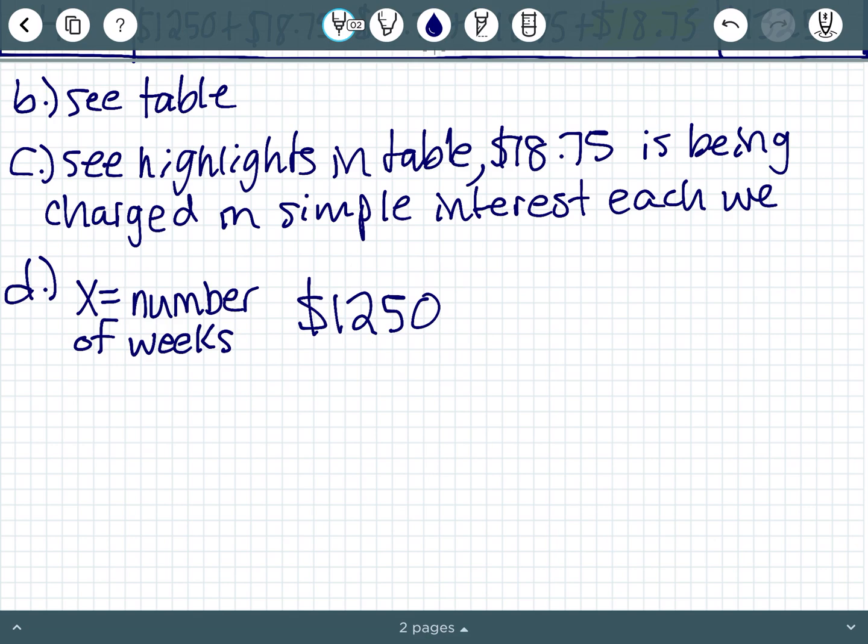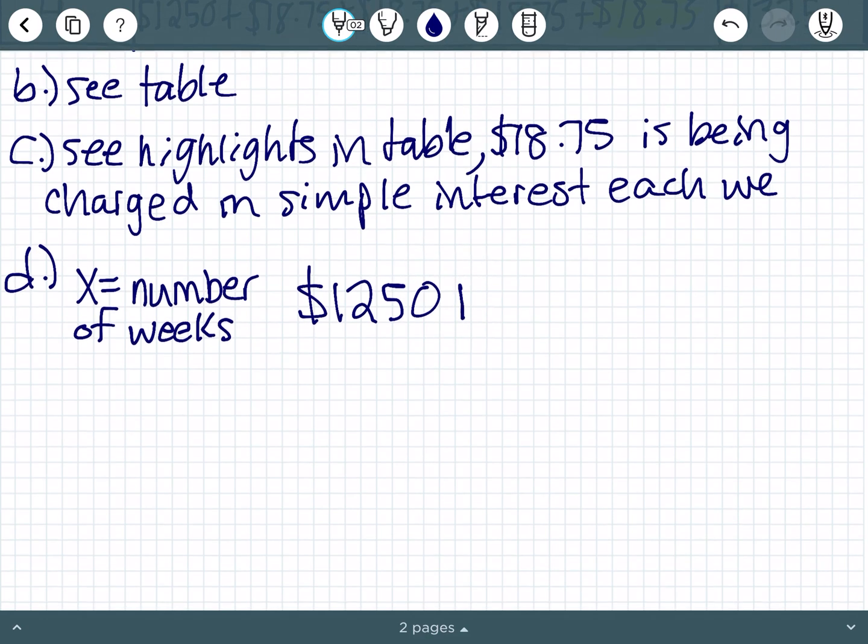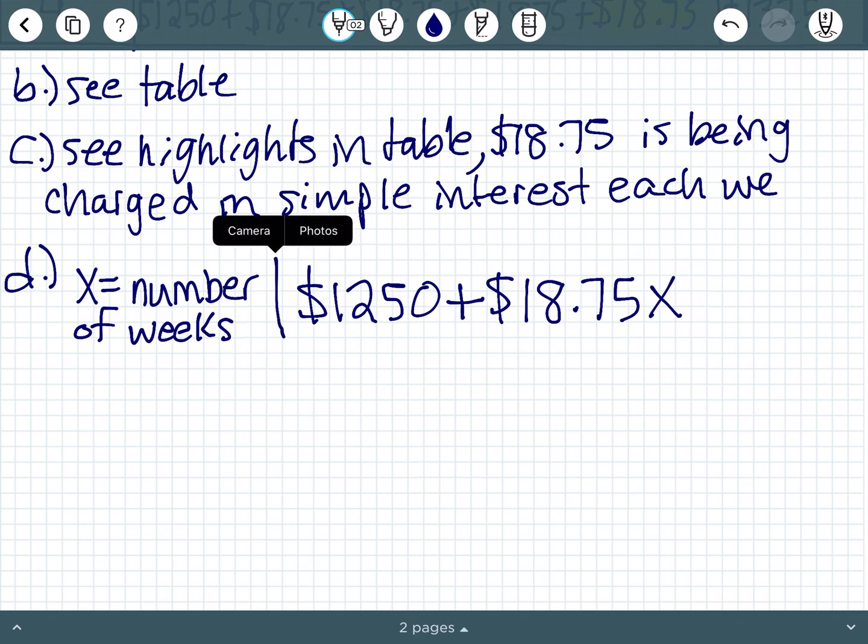So we know that x represents the number of weeks. And as each week passes, $18.75 is added to that total in simple interest. So we're going to account for that amount, $18.75, after how many weeks? Well, any number of weeks. So that's where that x comes in. So this is the expression we would want for part D.